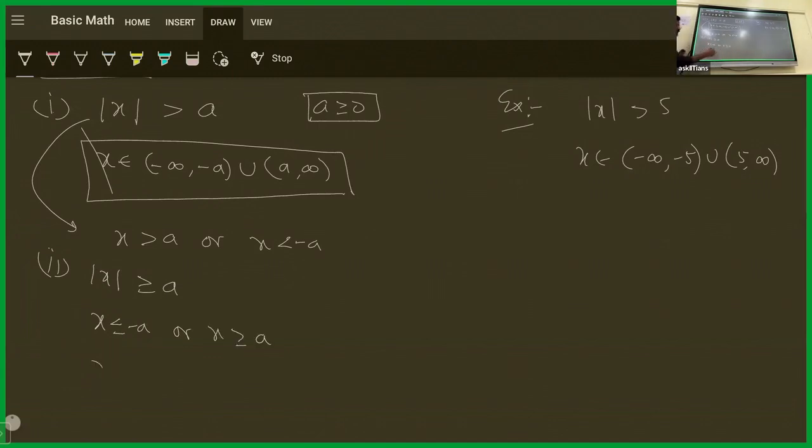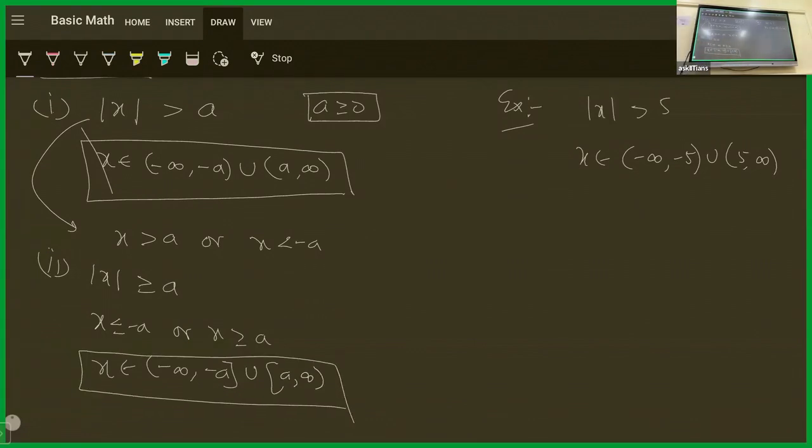So the answer we can write, x belongs to minus infinity to minus a closed union a to infinity, infinity पे close नहीं आएगा. क्लोज, करेक्ट.